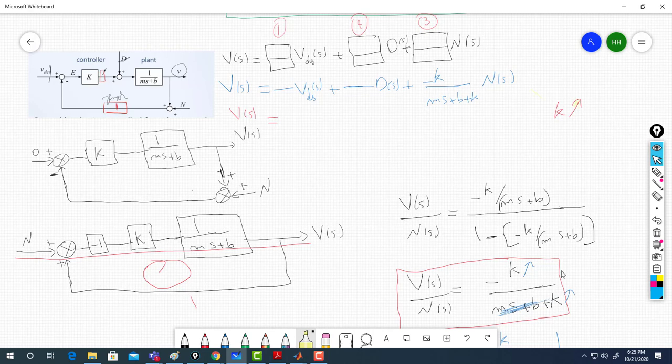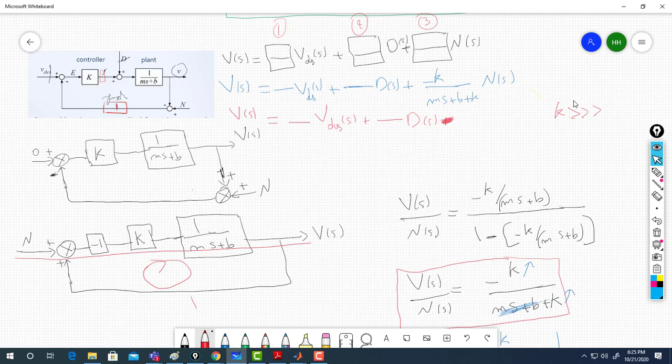Like that's how to say it's k very high. If k is very high, then v desired of s plus, I'm not sure, this transfer function will also depend on d, but it's not my subject of interest now.